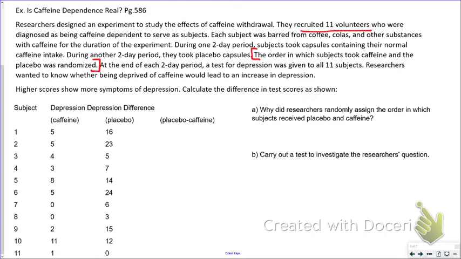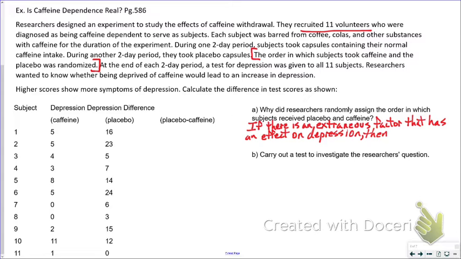And the reason is, let's write this out. Why is this important? If there is an extraneous factor, this goes all the way back to designing a study that we did in the fall, that has an effect on depression, then results are confounded.